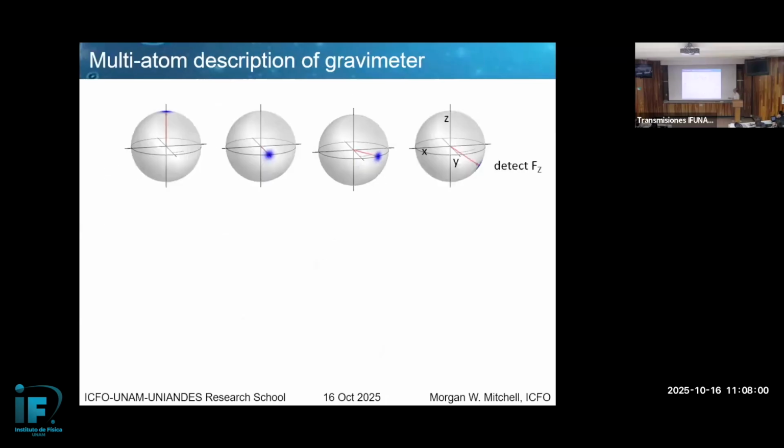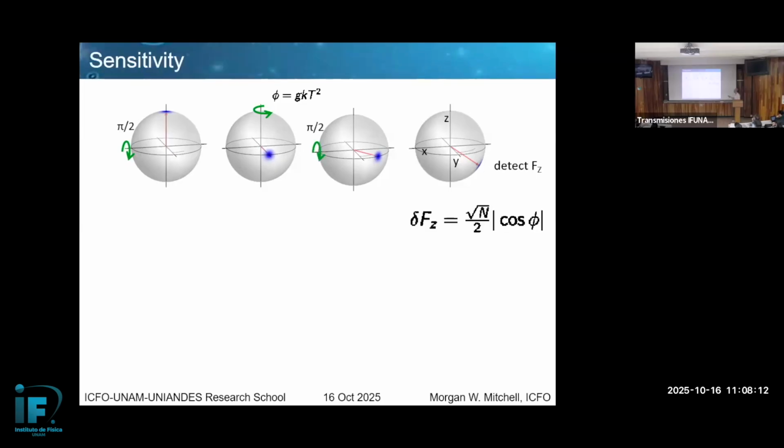Okay, so now we can look at an interferometry protocol that we first tip to get to the equator. Gravity is allowed to act. We tip again, and then we can detect the component along the z direction, which is to say we count how many atoms are in f equals 2 and how many are in f equals 1.